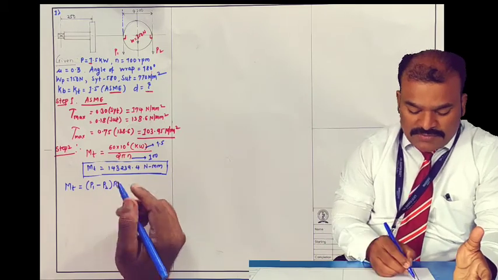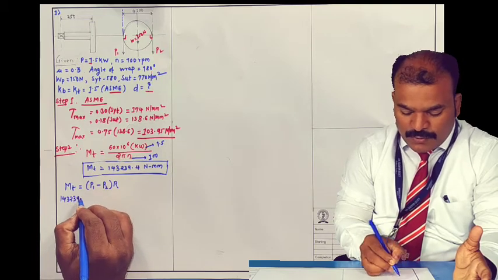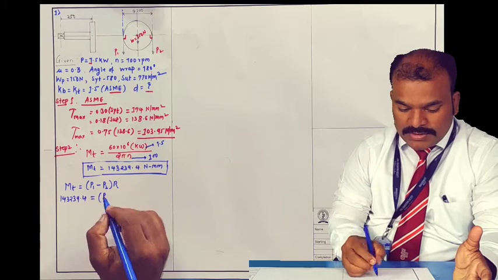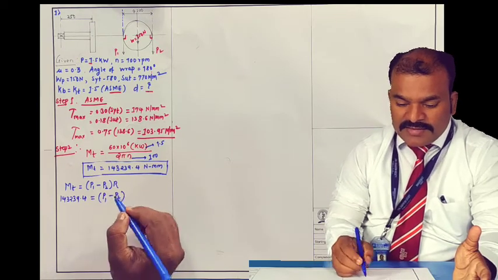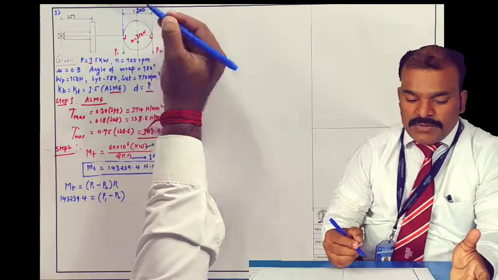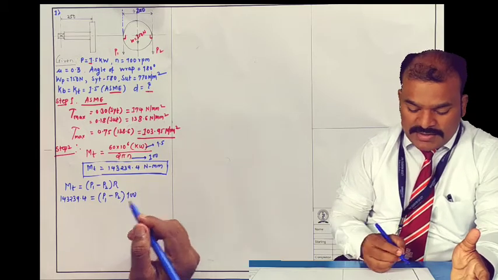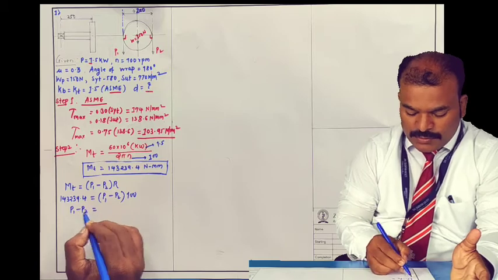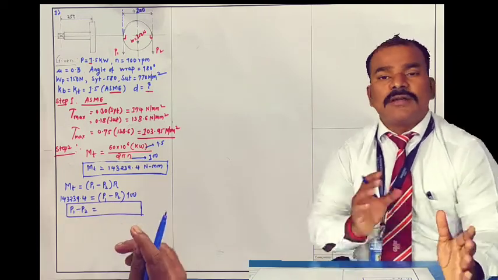MT we have calculated as 143,239.4, which equals P1, unknown, minus P2, unknown, times the radius. The pulley diameter of 200 mm is given, so the radius is 100. So here I'll get the relation between P1 minus P2, because both are unknown.